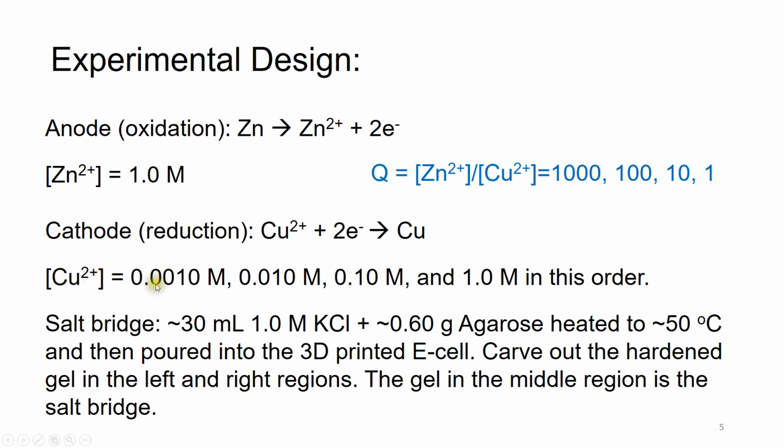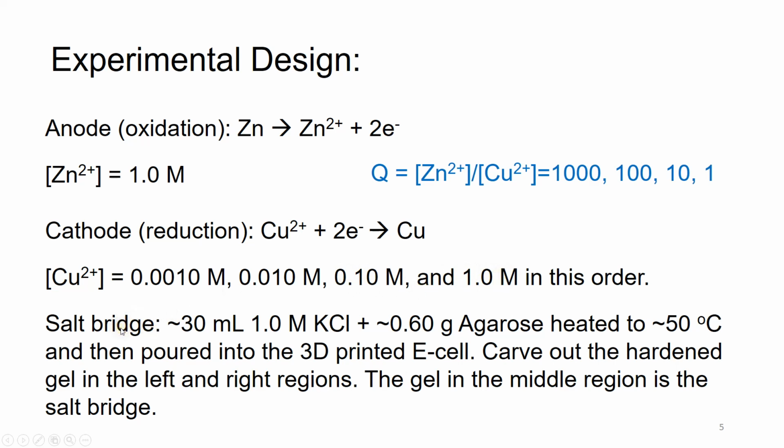We will first use a very low concentration, 0.001 molar copper 2 plus, and measure the potential of the cell. And then we'll measure the potential with 0.01 molar copper 2 plus, followed by 0.1 and 1.0 molar concentration.